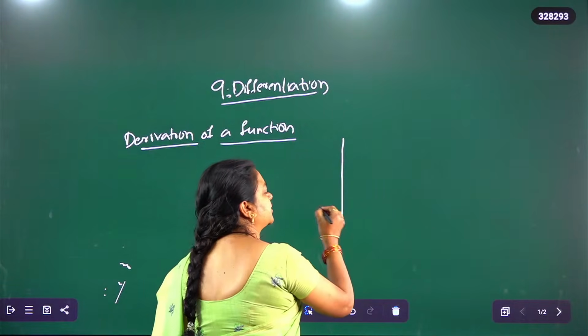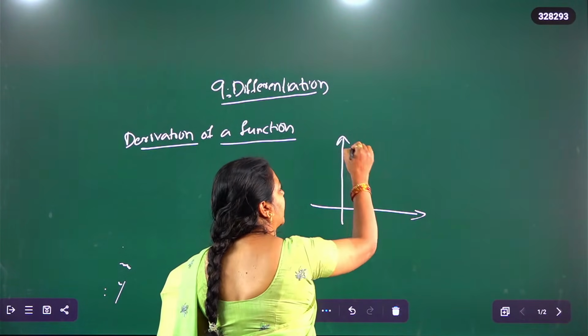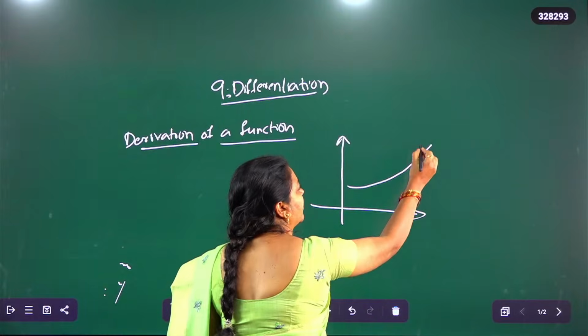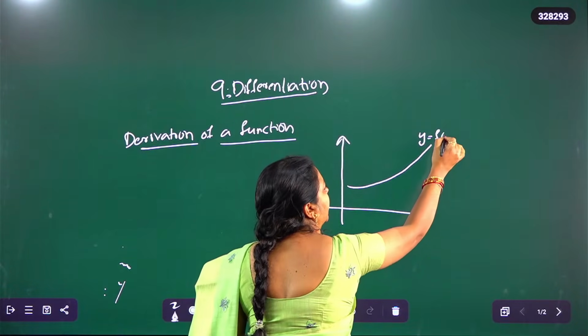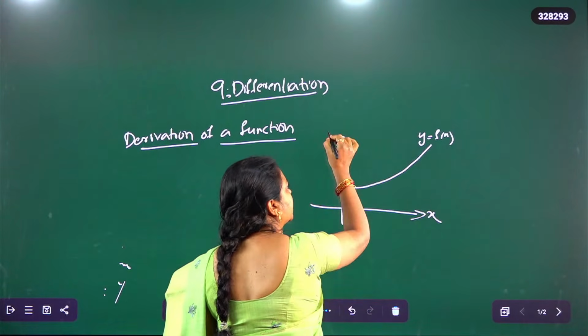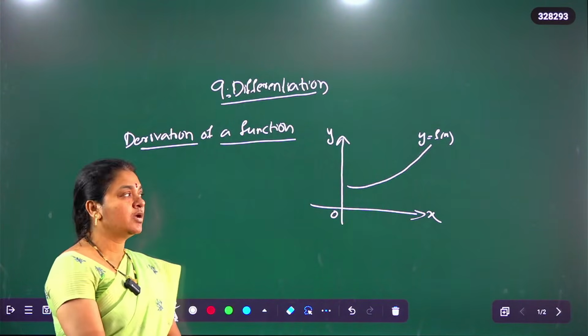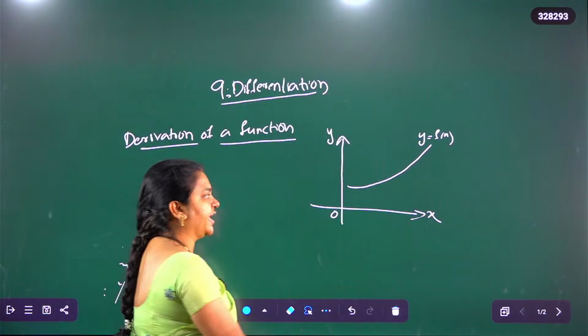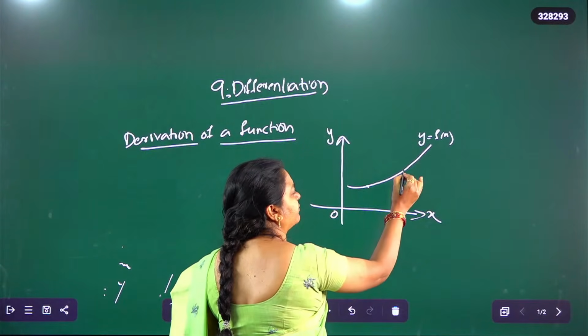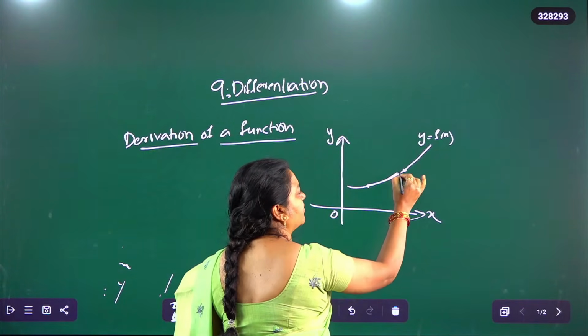Before going to learn, first we will take one graph. Let us say this is a graph, y is equal to f of x. So this is x axis and this is y axis. Now, if I want to take one interval, between 2 points, the function moves from here to here.